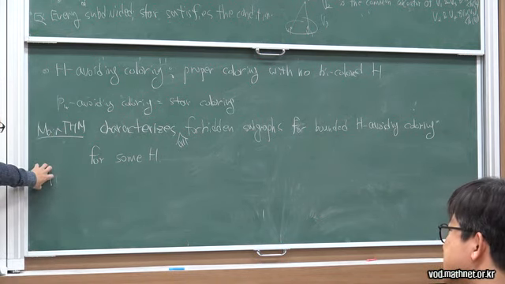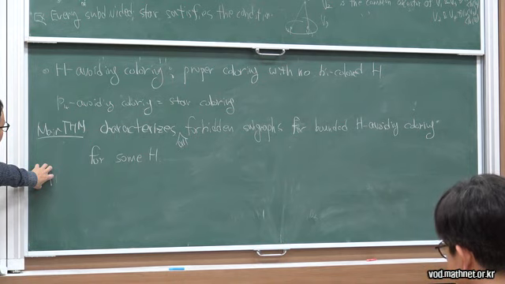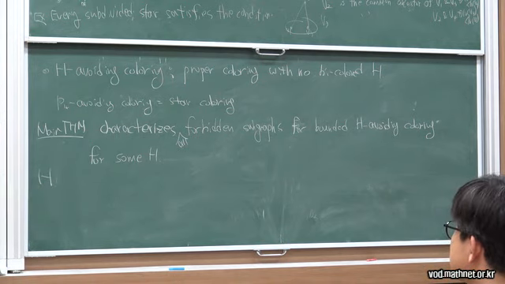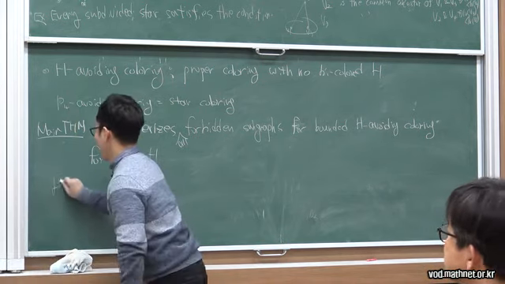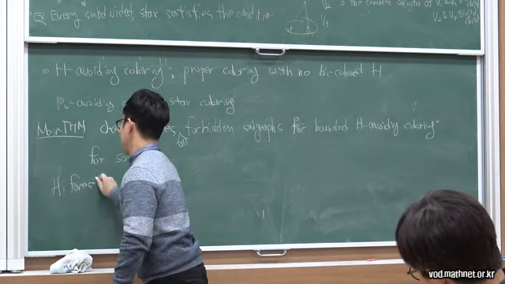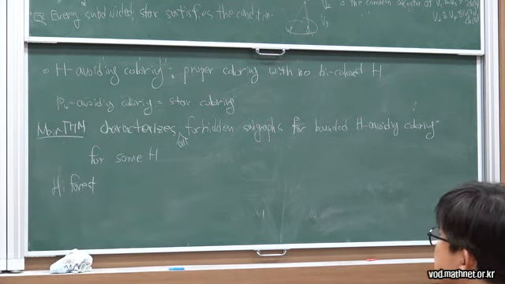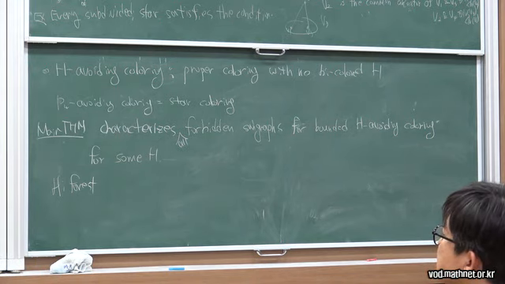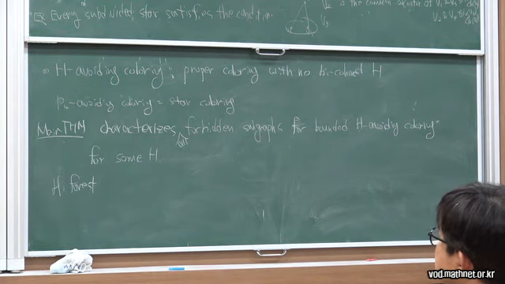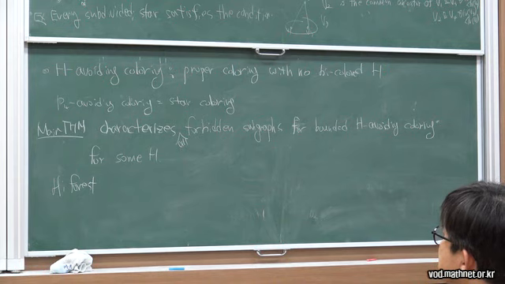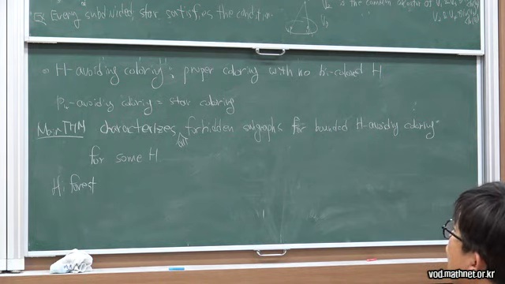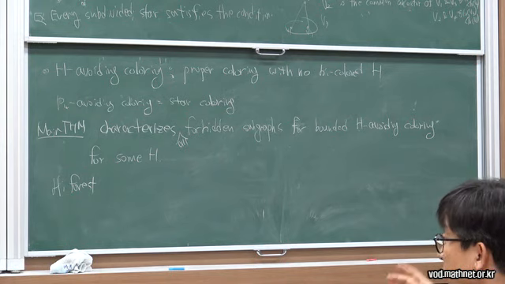Actually, this H is just a forest. H is a forest. Say this class H. So whenever H is such a graph, it has almost the same characterization.